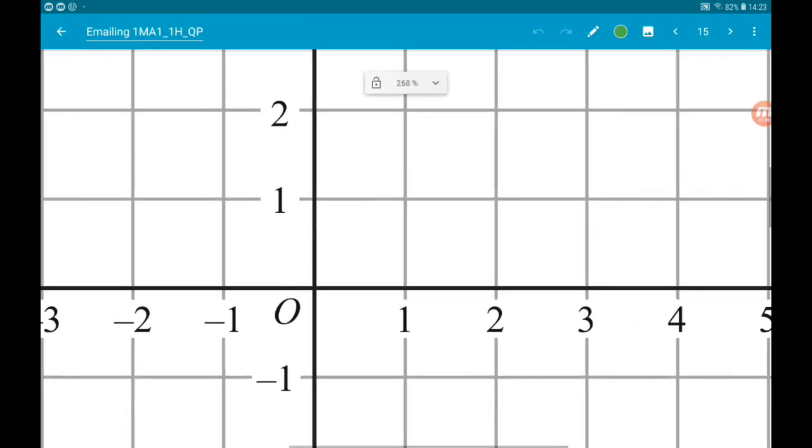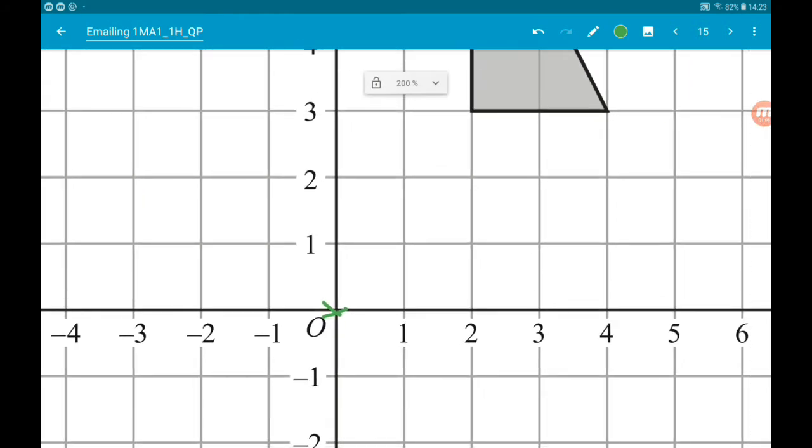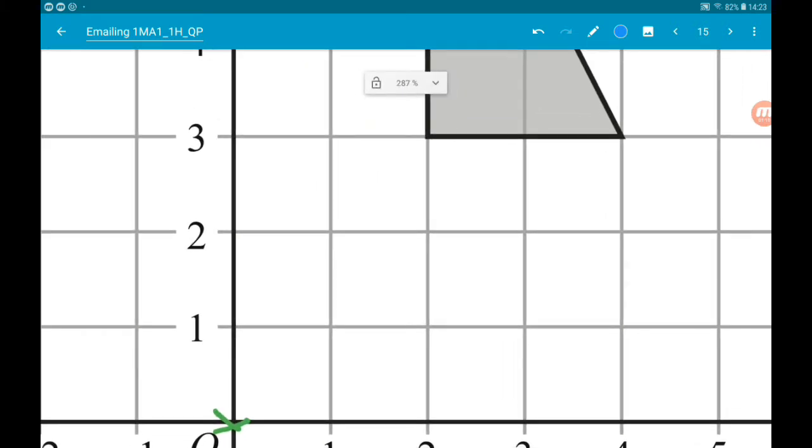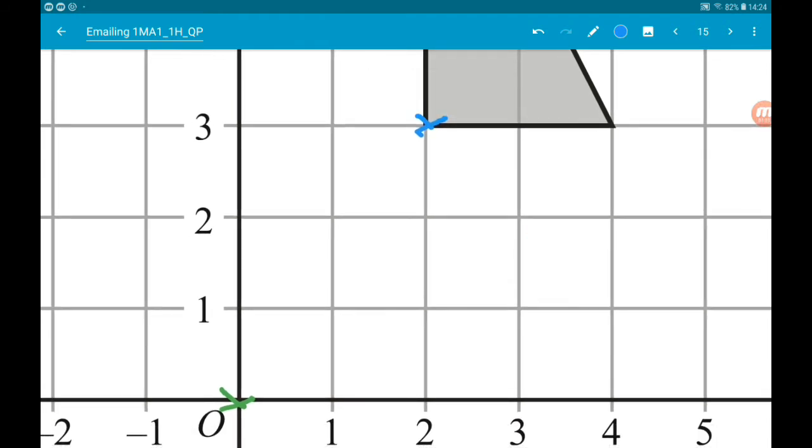So first of all, 0, 0 is there. So that is the point with reference that we are enlarging. So we're going to do this point by point. So first of all, I'm going to use this point here. So how many places away from the centre of enlargement is the blue cross? Well, it's 2 right and 3 up.